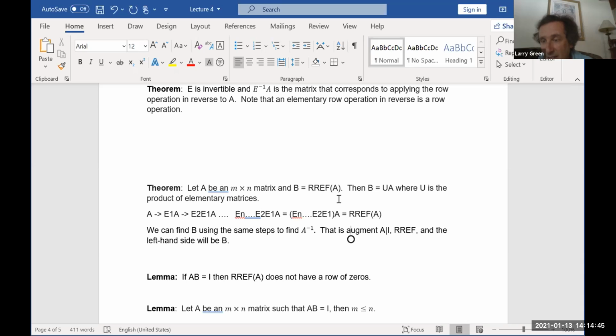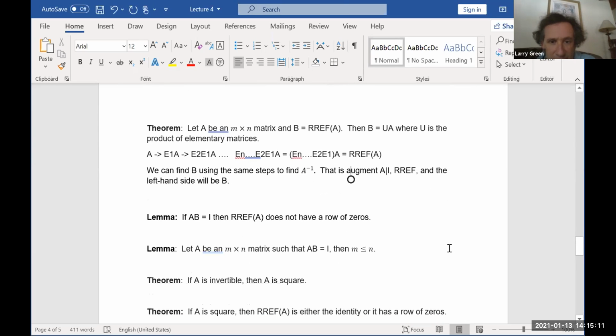Do you see that? But if A is not invertible, B might have a row of zeros on the bottom. So B is the RREF of A. That's why I wrote left-hand side. That was my mistake. The right-hand side is going to be your U. And that's kind of how this works. Okay, I got it now.